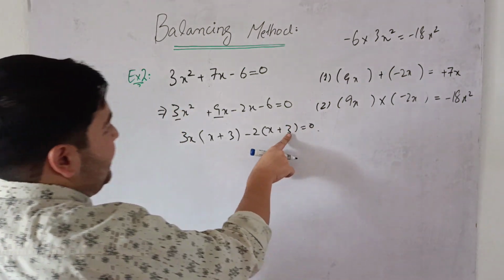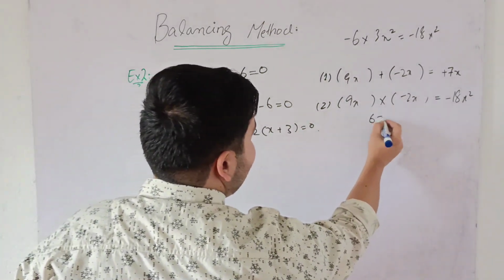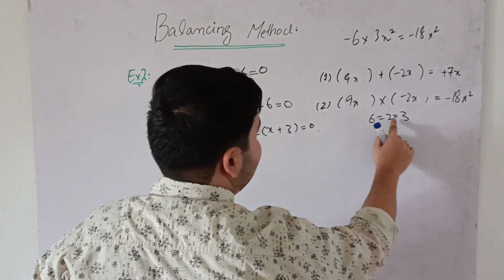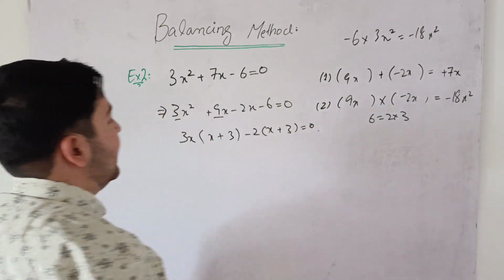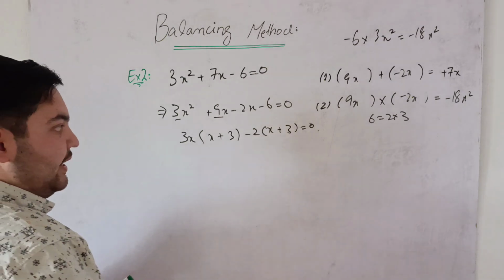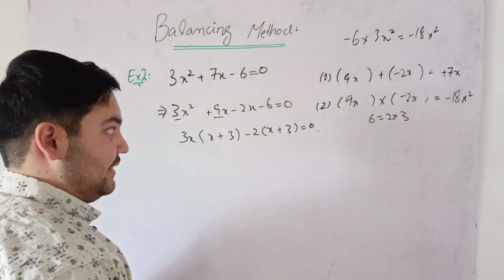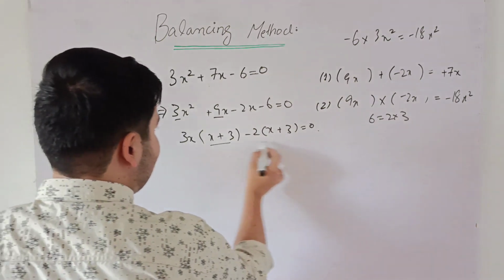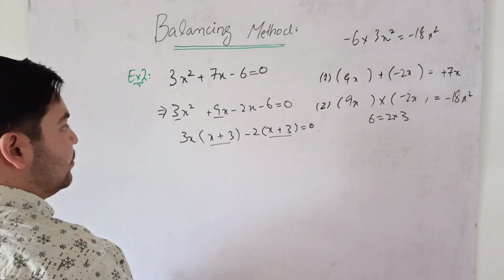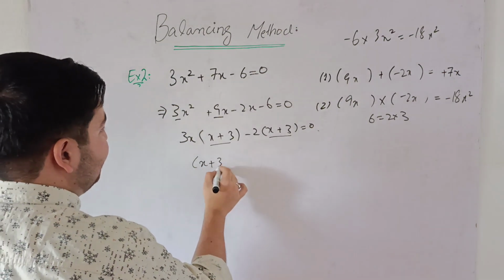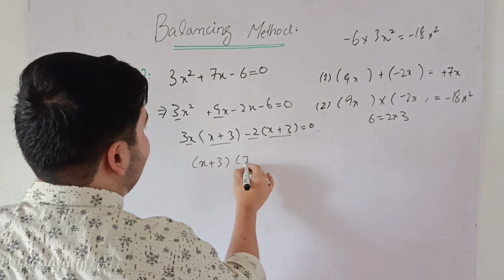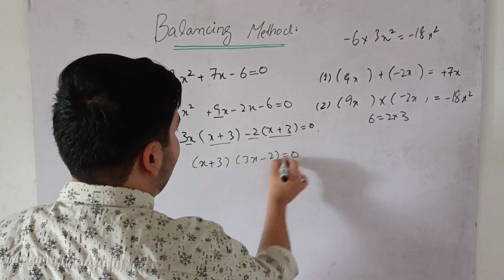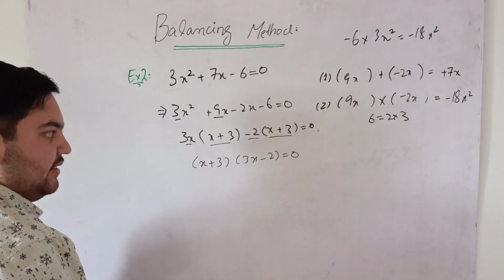How is it plus 3? Because 6 can be written as 2 multiplied by 3. If we take 2 common, the remaining term is 3. Here we again get the common term x plus 3, so we take it out. The remaining term is 3x minus 2. Here the factorization is done.